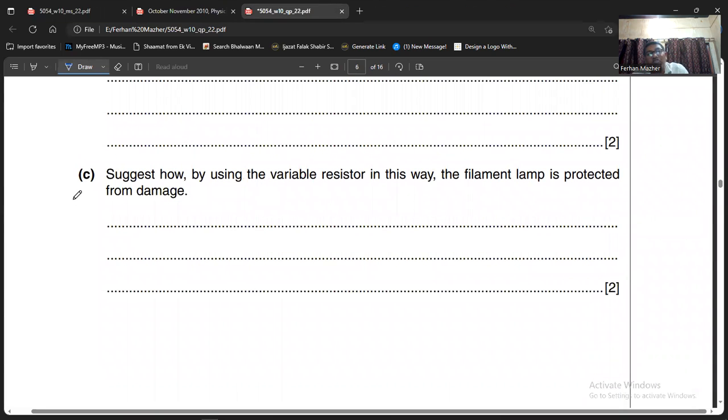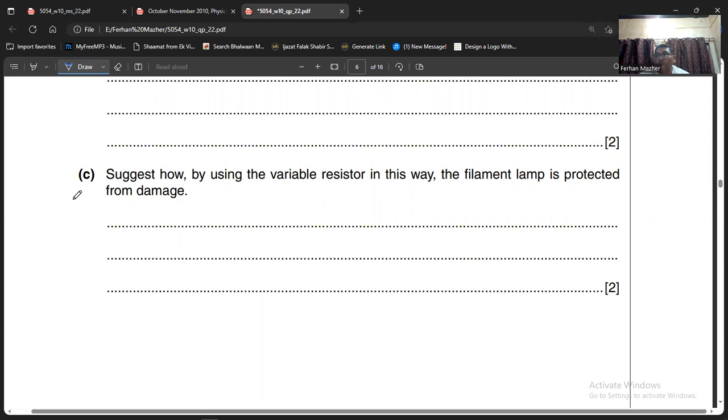Suggest how by using the variable resistor in this way, the filament lamp is protected from damage. You see, we have connected a variable resistor in series with the filament lamp. And before switching on the circuit, we make the resistance of the variable resistor maximum. And when we do that, the equivalent resistance of the circuit becomes high.